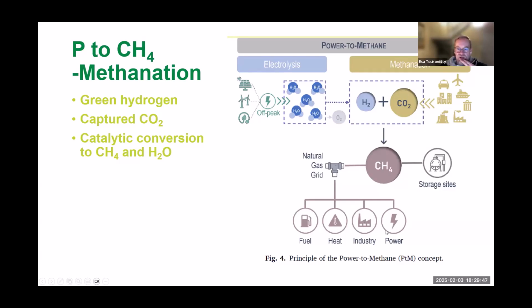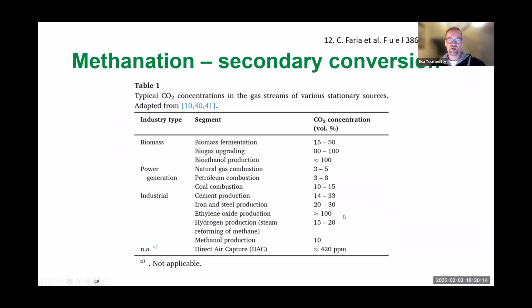Industry also refers to it as a starting material in other chemical reactions, like for making hydrogen. So hydrogen is made from methane, like in the steam reforming that we talked about in the very beginning. But basically this is the so-called secondary conversion I mentioned.